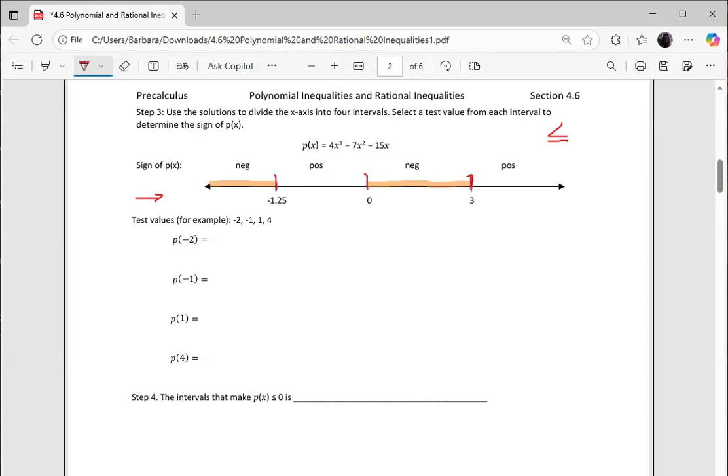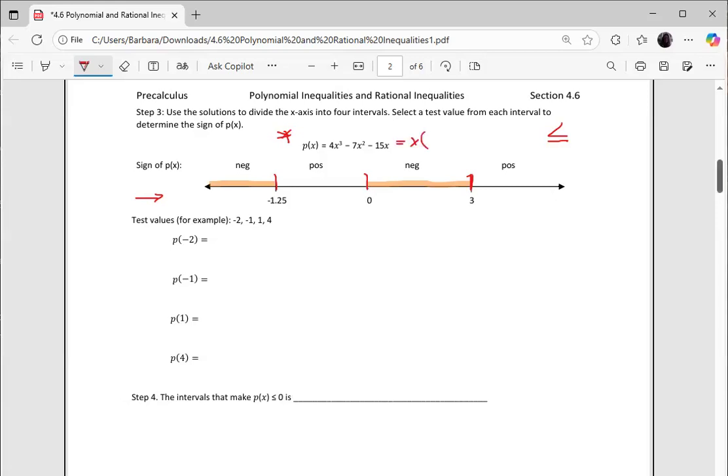And so what I'm going to do is test some values inside each of these intervals and plug them into my polynomial. I've just imported it down here again. And in fact, it's probably easier to put it in its factored form.